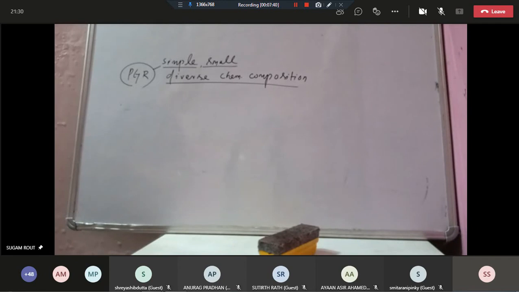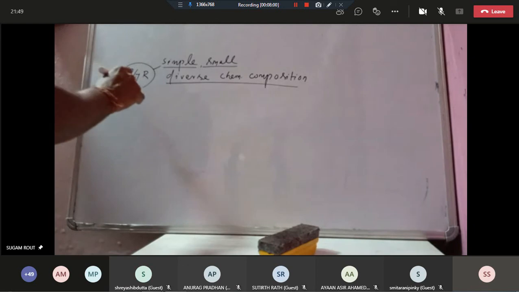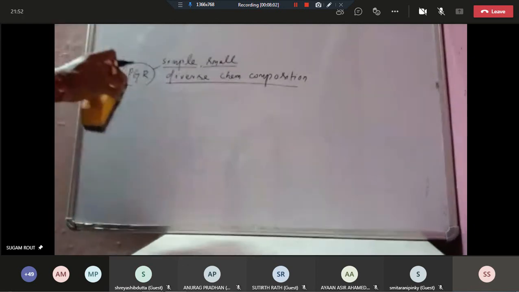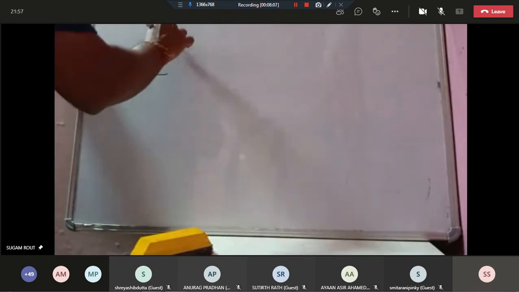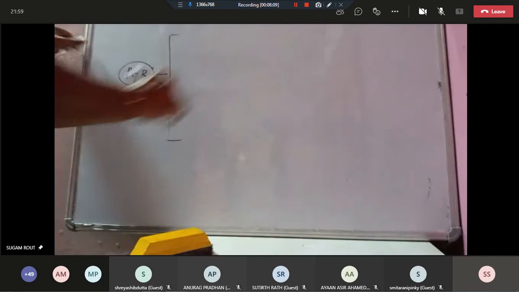These are produced by the plant body in different conditions and situations. Plant growth regulators, or phytohormones, are categorized into two types on the basis of activity.